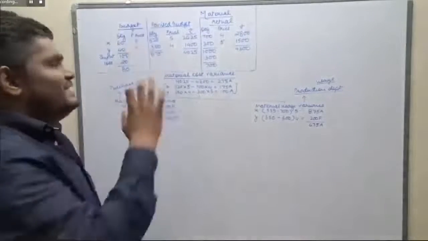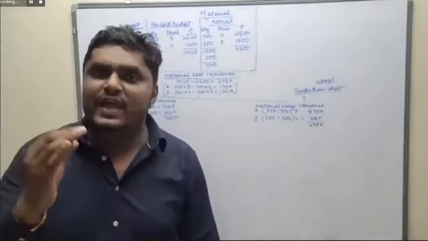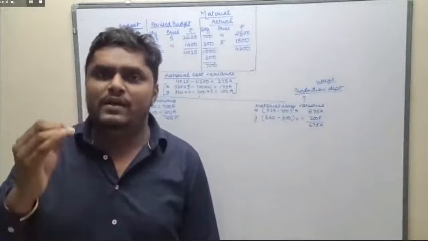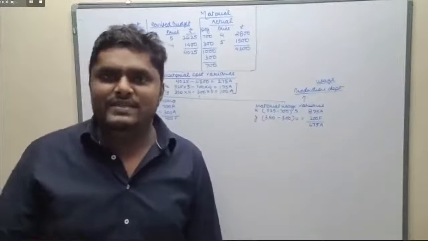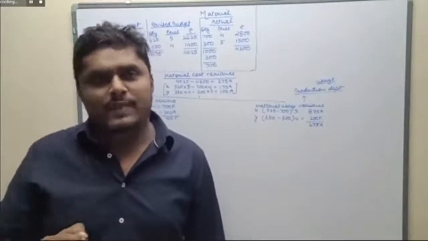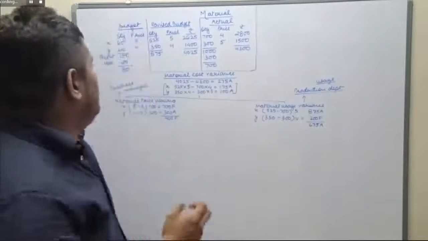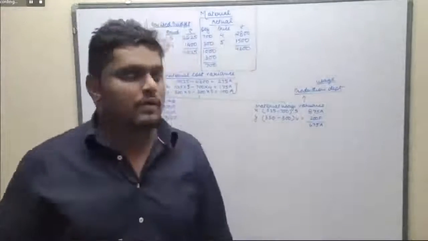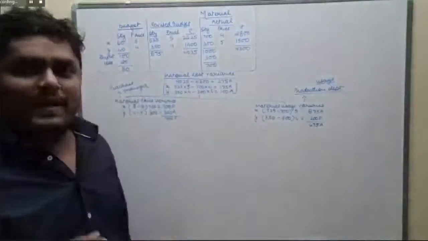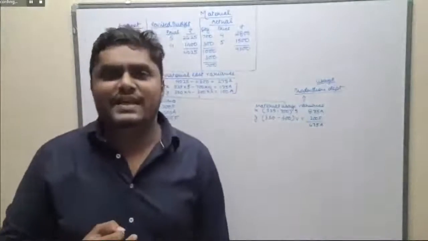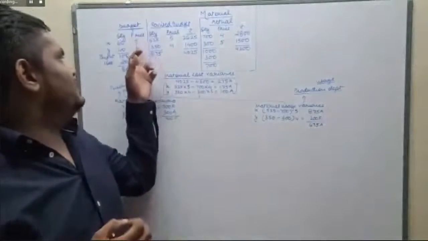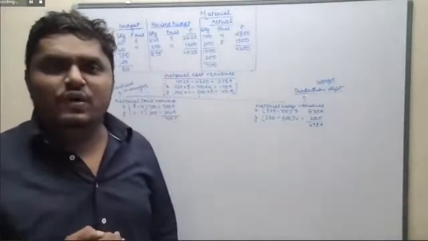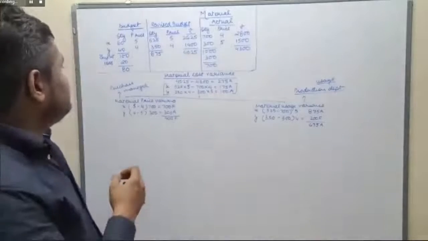So the budget says that for every unit we have to use two types of raw material, X and Y. If X is used 60 kgs, then Y will be used 40 kgs. The total input will be 100, 20 will be the normal loss and 80 will be the output. Further, the management has advised that X should be purchased at the rate of rupees 5 per kg and Y at the rate of rupees 4 per kg.